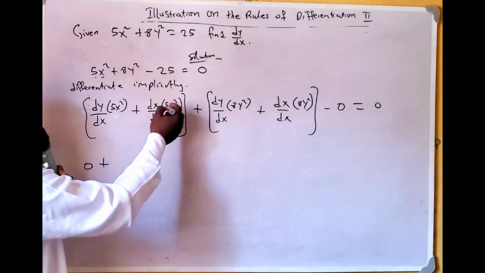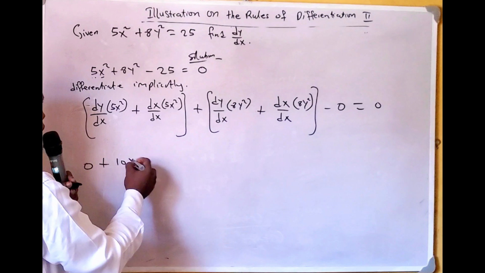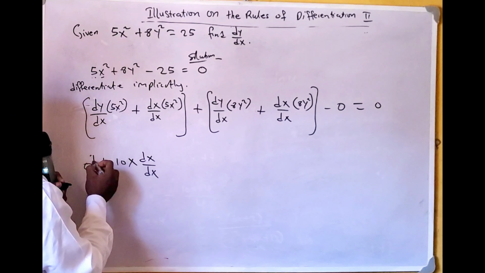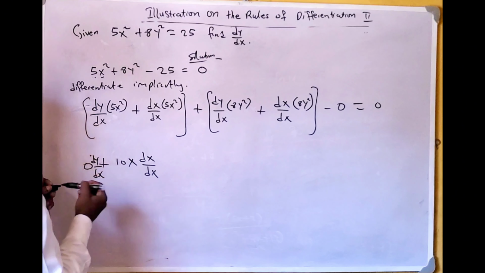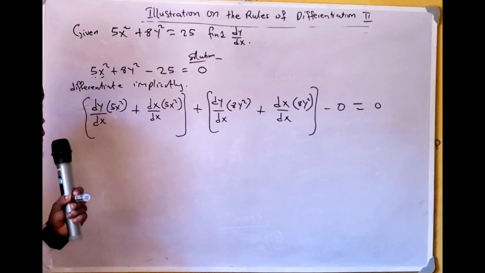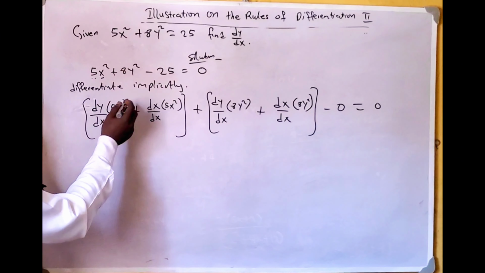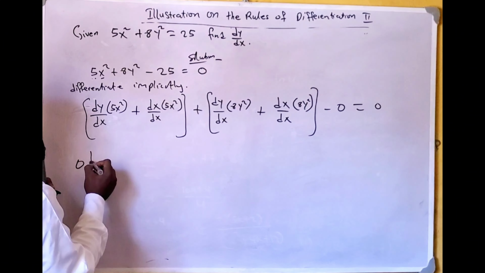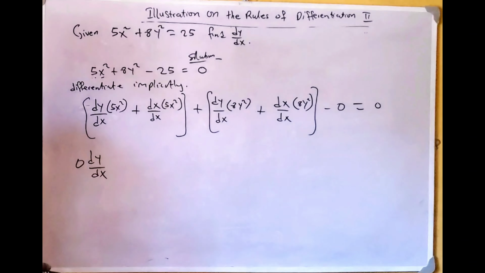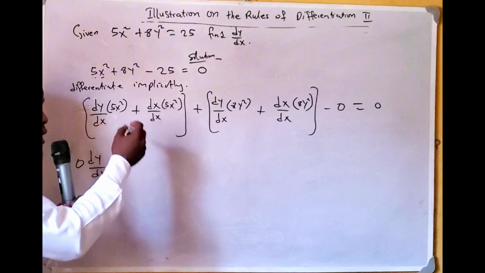Plus, this is x with respect to x, so we have 10x dx/dx. Starting again, the derivative of this with respect to y gives 0, since none of these terms has y in 5x squared. We treat this as a constant.